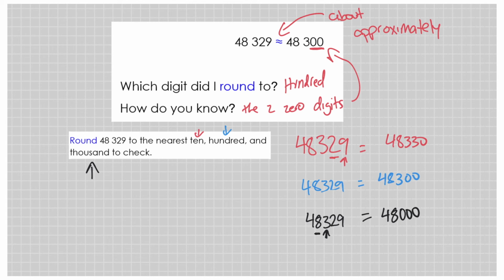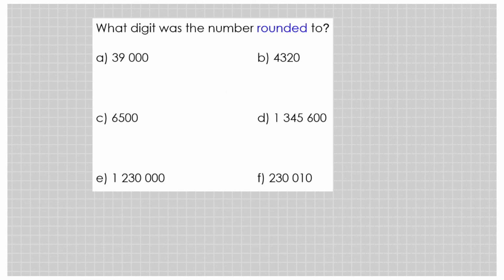So when you round it by different place values, you get different answers. Some of the times, most of the times you do. Sometimes you do get the same answer. So what digit was rounded to? The clue is always finding the zeros. 3 zeros here, that means it was rounded to the thousands. Here, only 1 0, it was rounded to the tens.